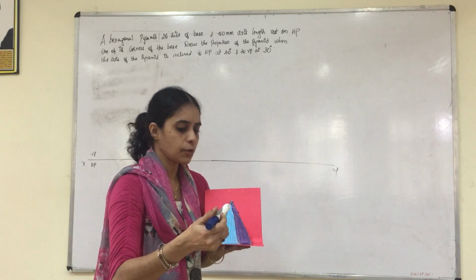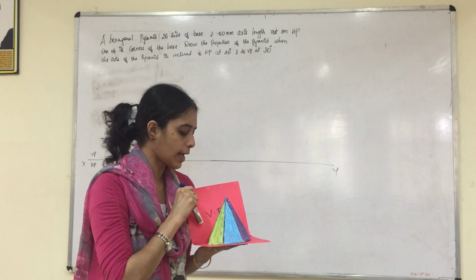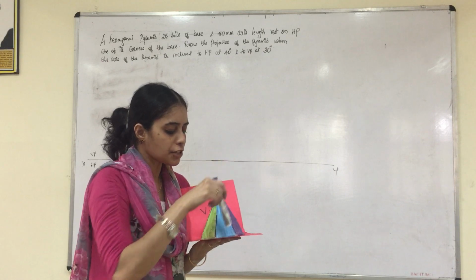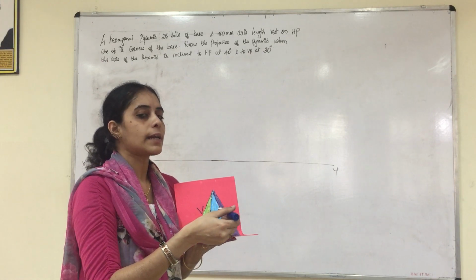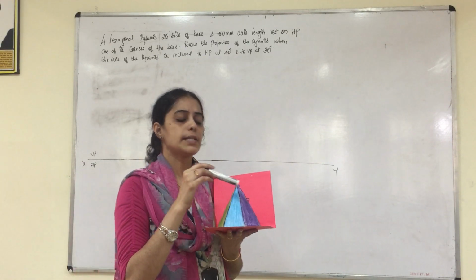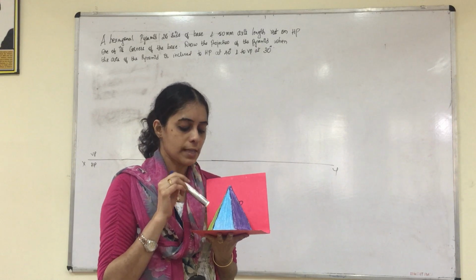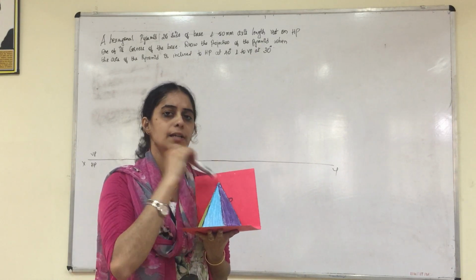After that, when you view from the front, you will see the projection of this longer edge, and the projections of these two longer edges. But it will look like a triangle only. Why? Because the pyramid is bounded by triangular surfaces. In the case of a hexagonal pyramid, it is bounded by 6 triangular surfaces.